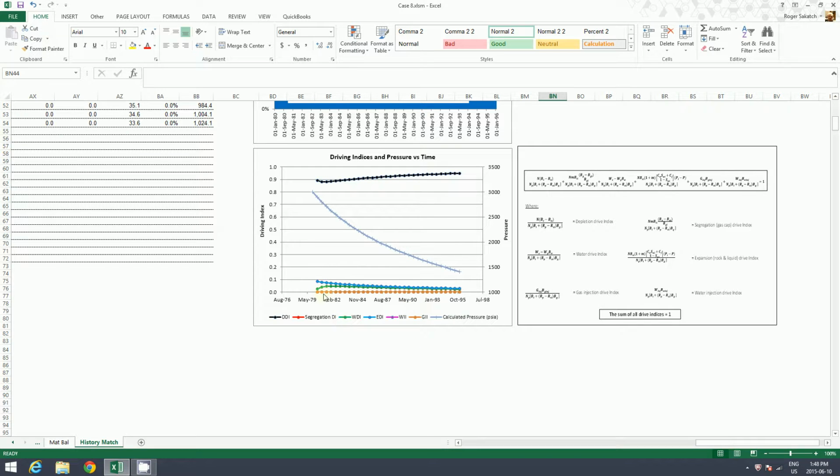The remainder is made up of two things: a little bit of expansion drive index, which is due to the expansion of the rock and the liquid within the reservoir, and finally the water drive index. Again, we've already mentioned that it's not a big aquifer, so therefore we're not seeing a huge drive index from the water drive component, but we are seeing some positive values. Again, the main drive mechanism for this particular reservoir is that depletion drive index.